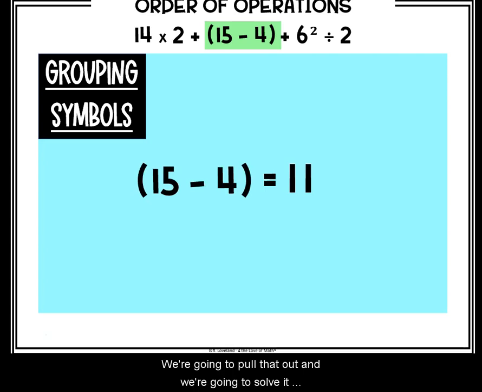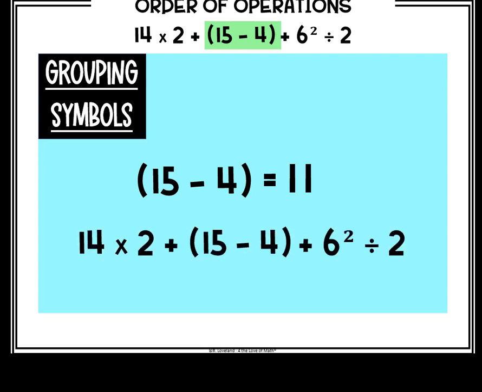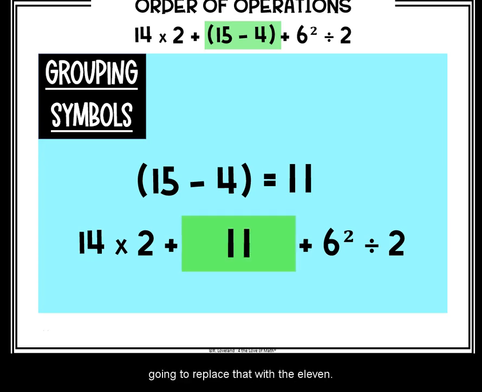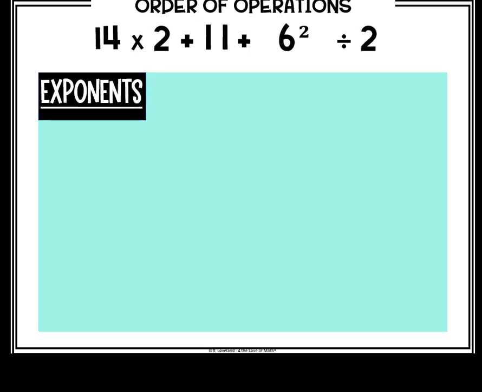So we're going to pull that out and solve it, and we find out 15 minus 4 is 11. Now we're going to go to our expression, and where we have our grouping symbols, we're going to replace that with the 11. So now we have a new expression to simplify. Now it's 14 times 2 plus 11 plus 6 squared divided by 2.